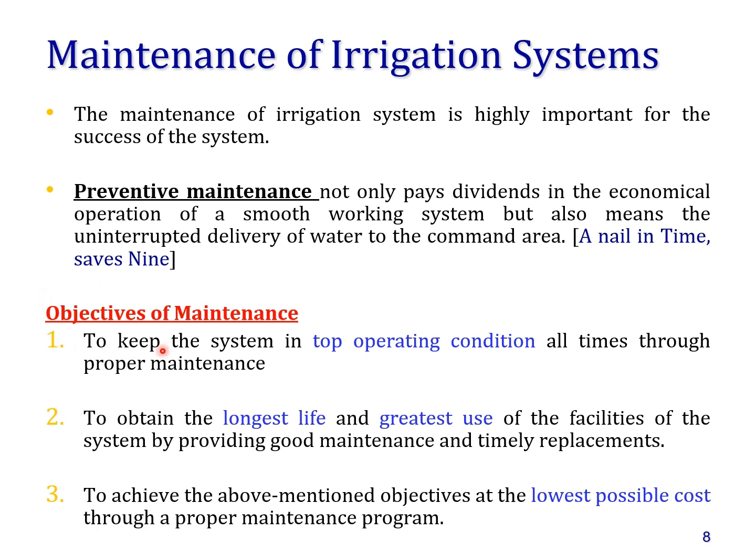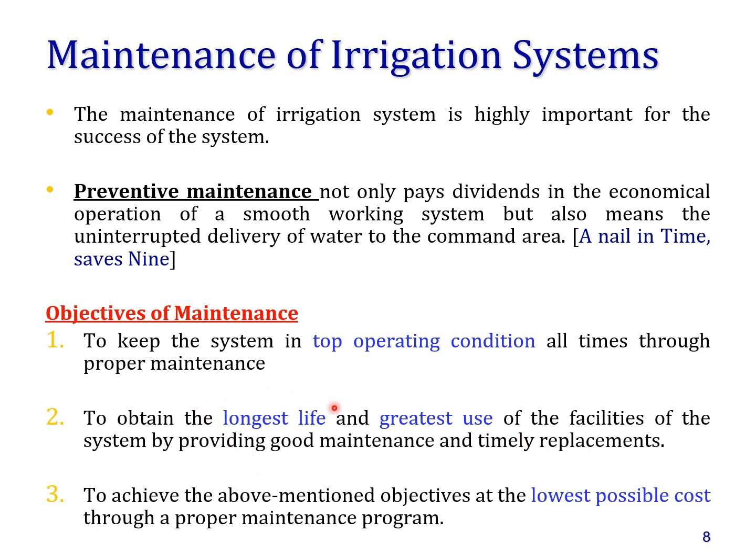The objectives of the maintenance, there are three main objectives. One we already discussed, where we want to keep the system in the top operating conditions. The second is to obtain the longest life and greatest use of the facilities of the system by providing good maintenance and timely replacement.